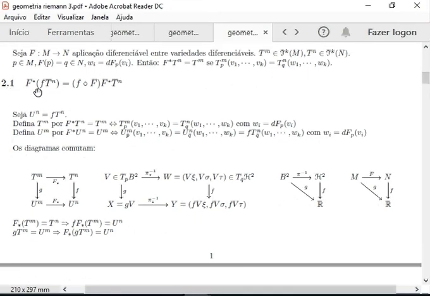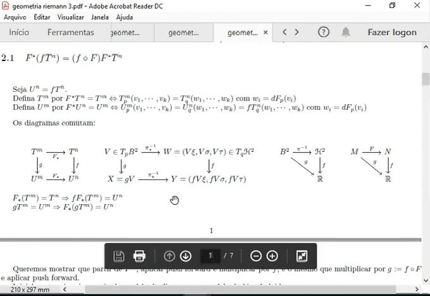Theorem: the pullback of F multiplied by T_N is equal to F circ big F times the pullback of F applied to T_N. Now we're going to use the diagrams. Let U_N equal F T_N.